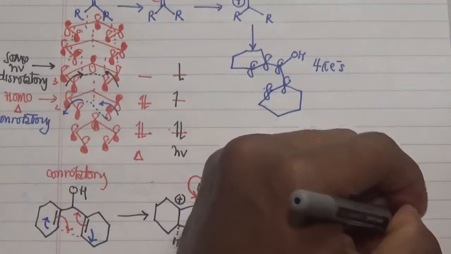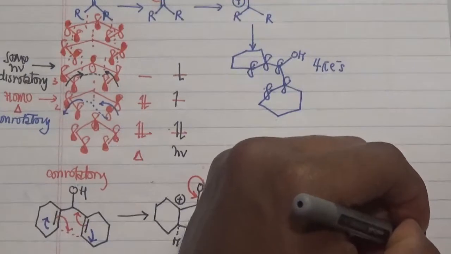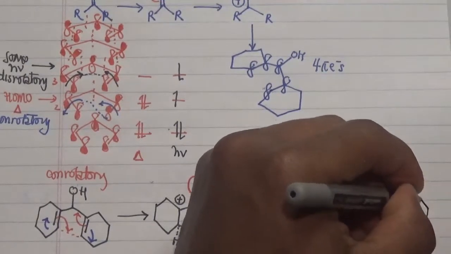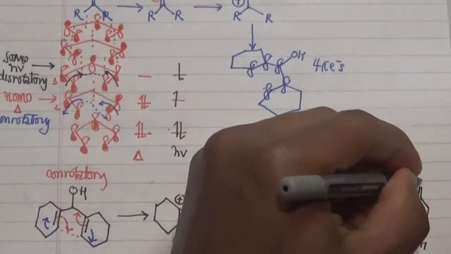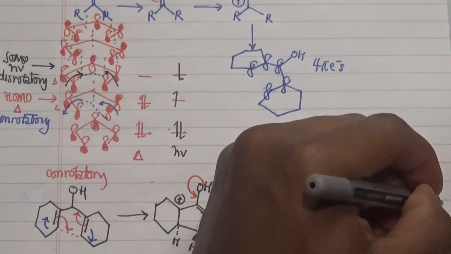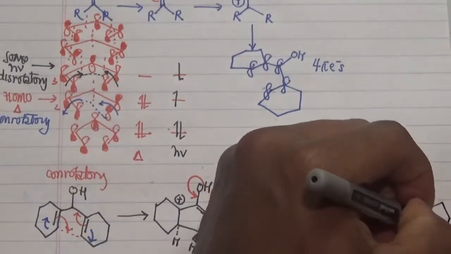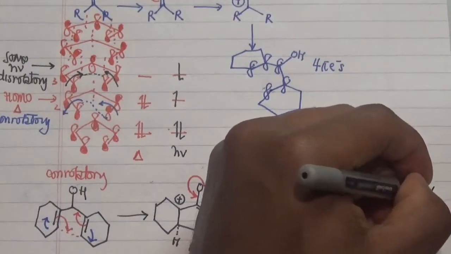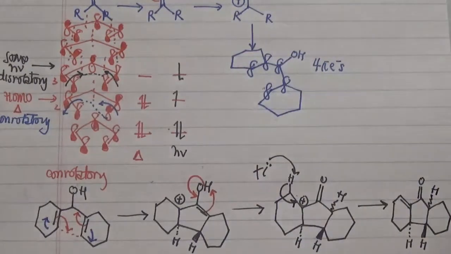We have a proton here, and we have another proton here, and this is the formation of a cyclopentanone that is a part of the overall compound, and we have our hydrogen positioned in there.